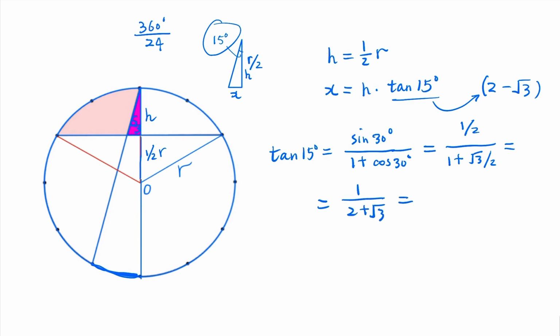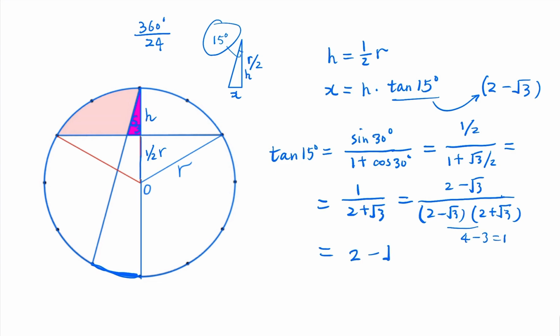Multiply 2 minus square root of 3 on both numerator and denominator, and the denominator becomes 4 minus 3 equals 1.